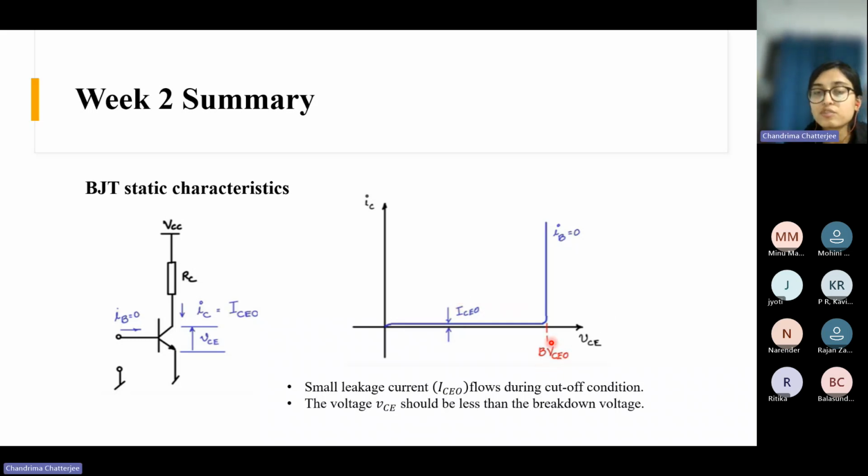Especially this breakdown voltage, because you need to see whether, for your application, your voltage will be greater than this voltage or will remain within this limit, so that your device will be safe. So this rating is important.